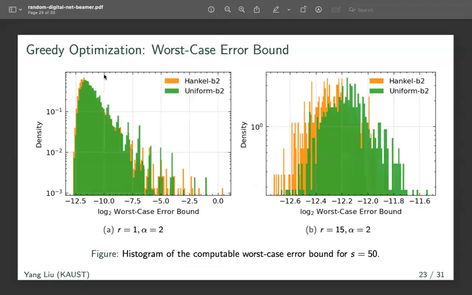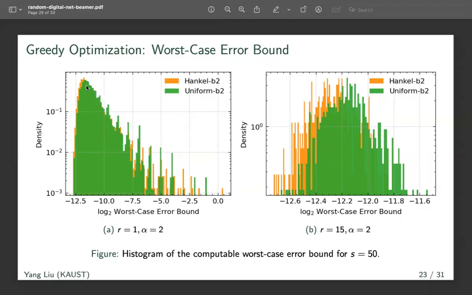Regarding the greedy optimization, the first plot that we presented is the computable worst case error bound. Here we compare the Hankel design and the uniform design. First of all, we make a comparison sample-wise. That is, we choose the batch with only a batch size 1. And alpha is the smoothness of this function class.